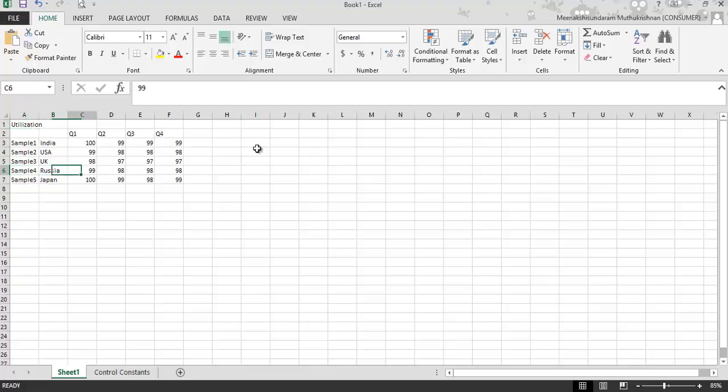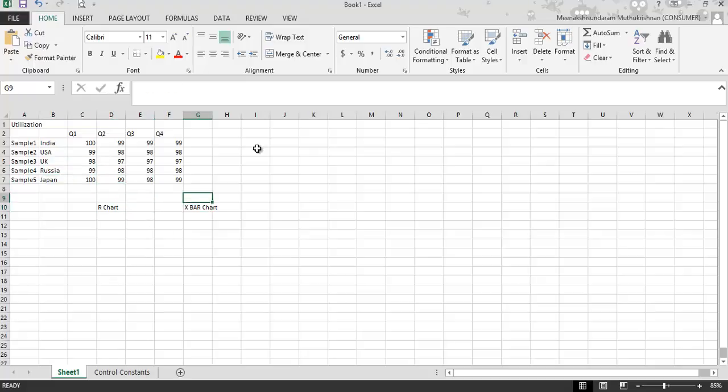This is what the Xbar R chart is going to say. The Xbar R chart gives you two charts. The first is the R chart, and then the Xbar chart. The R chart will tell you the consistency of each country, that is, each sample.